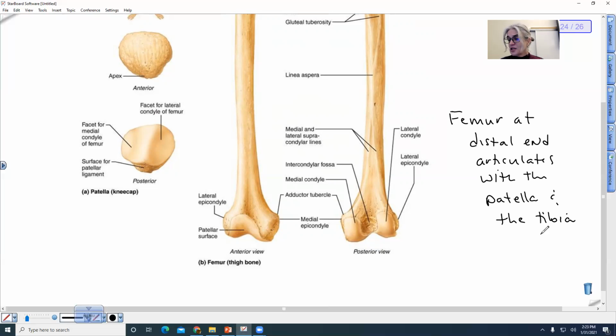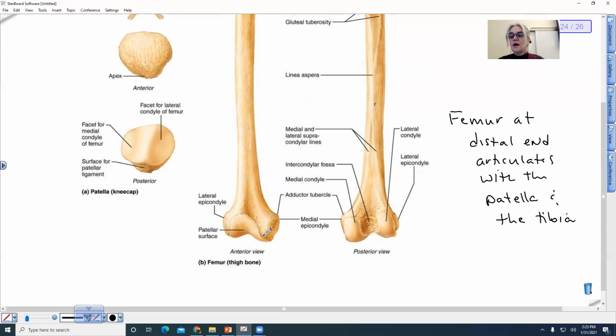We're also going to talk about this joint when we get to joints, because there are fibrocartilage discs called menisci in this joint, which allow the joint to have a deeper articulation and make it more stable. If you put a femur and a tibia together, you might wonder how they stay together.